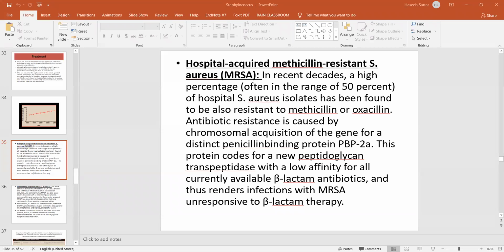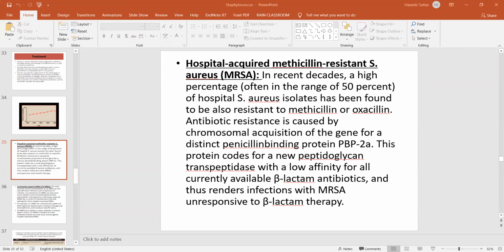Also, if a patient is on an artificial ventilator, or already has other diseases along with this infection, there is a high chance of death, a high mortality rate.